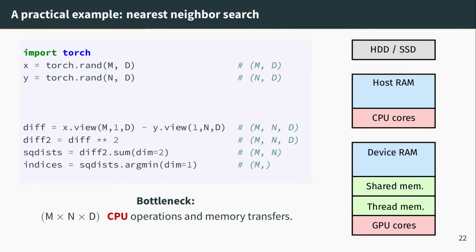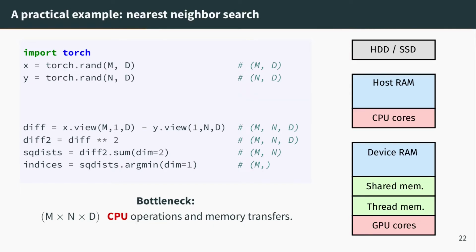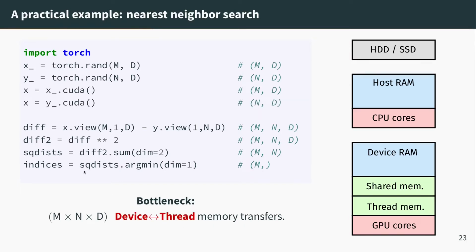So what you can do, I think that's what you've learned already, is you can send your arrays to the GPU and use the GPU backend that is provided by PyTorch for all of those operations. So this is typical code. X underscore, that's my array in RAM. Y underscore is my array in RAM. And then using this .cuda instruction, I am explicitly asking PyTorch to copy this memory from the host to the device.